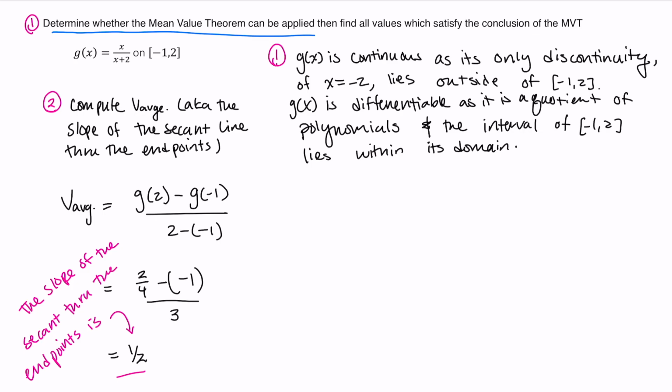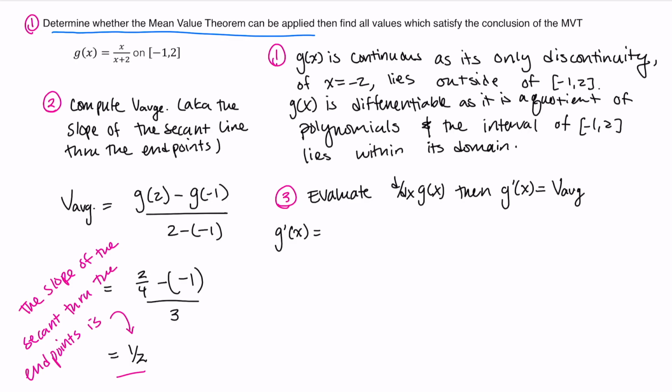All right, so next thing we're going to do is evaluate the first derivative of g of x. Then we're going to set this derivative, and it's not f this time, it is g prime of x, equal to the average rate of change, that is the slope of the secant line on the endpoints. So for g prime of x, we need to use the quotient rule.